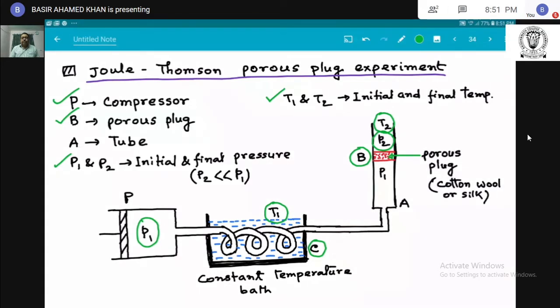Then after passing through the very fine holes of the porous plug, the pressure of the gas is P2.